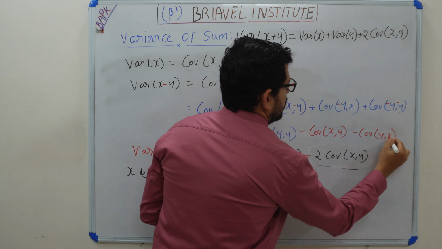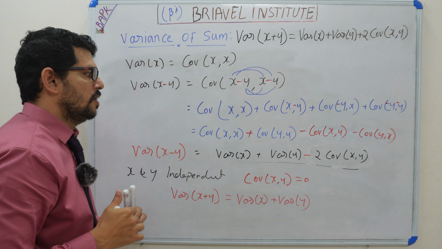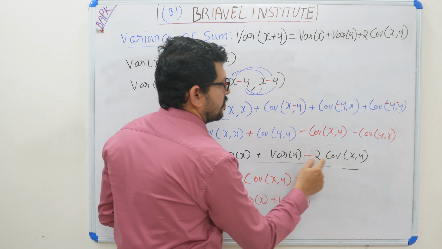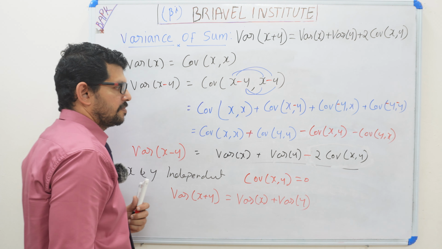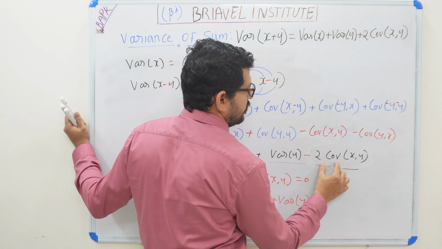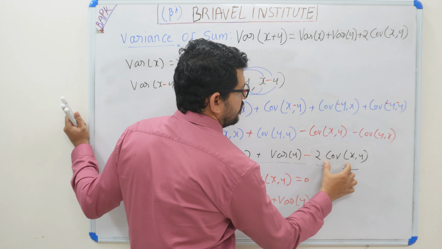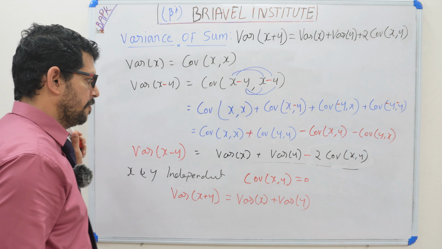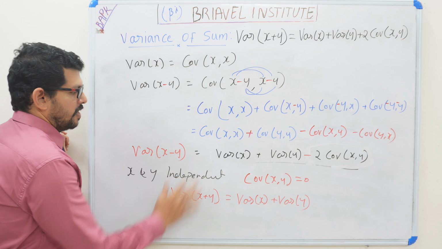Y and x is the same, so this becomes 2 times covariance of x comma y. So variance of x plus variance of y minus 2 times covariance of x comma y is the variance of x minus y.